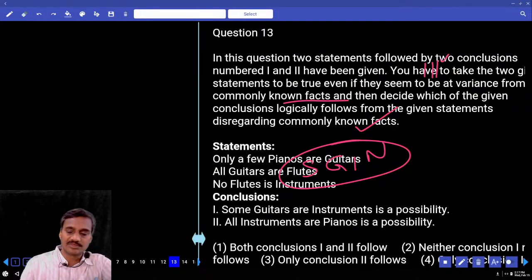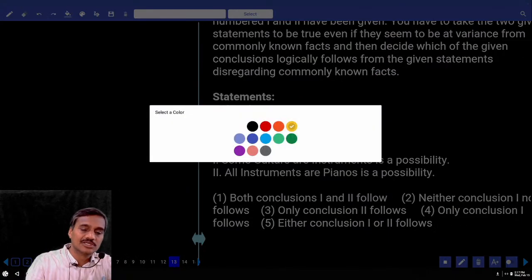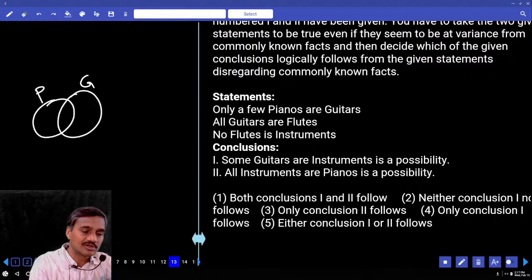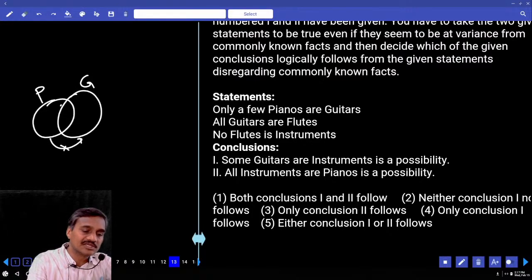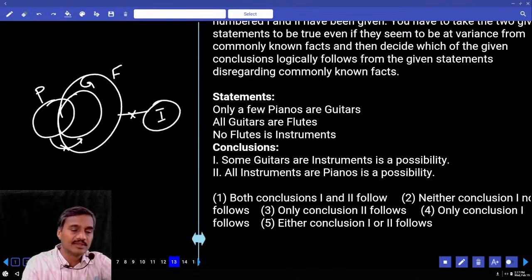Then coming to question number 13 onwards. Now 13 to 18. Only some of the pianos are guitars, but not all. This entire piano is not a part of the guitar. And all guitars are flutes. And next one, no flute is an instrument, no intersection between flute and instrument.